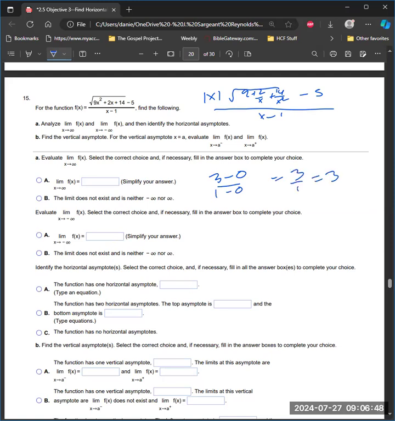Three over 1 is 3. And then from the left, that's going to give me negative 3 minus 0 over 1 minus 0, which is negative 3. And it has 2 horizontal asymptotes. The top one is y equals 3, and the bottom one is y equals negative 3.